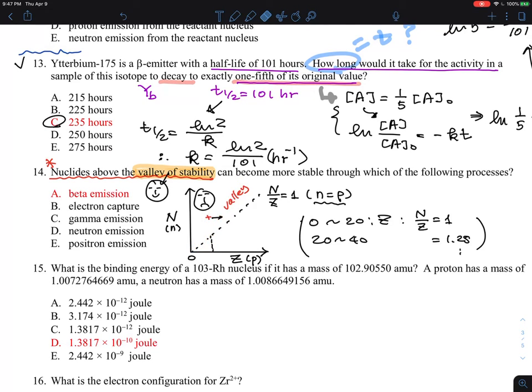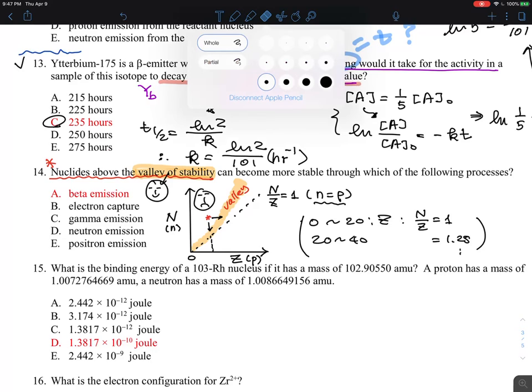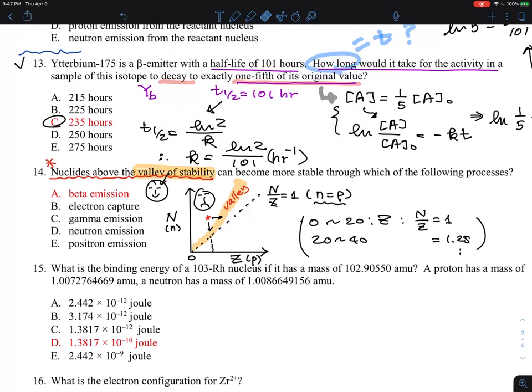Let me undo this and get rid of this. This one is just a background. So this nucleus X must have a number Z, and then N plus P, if you want to call it.